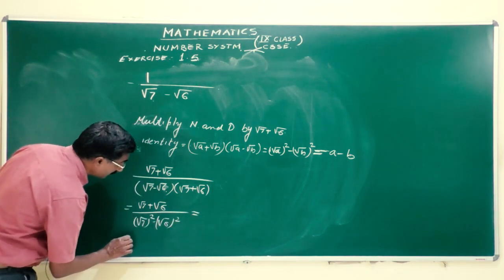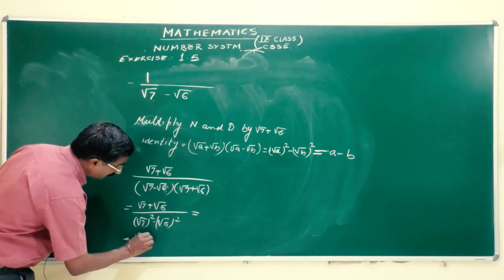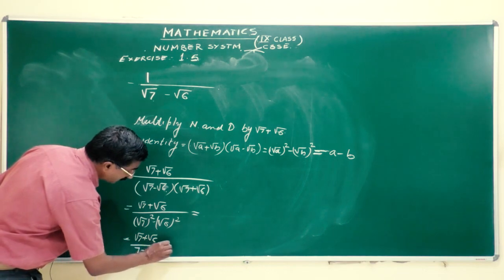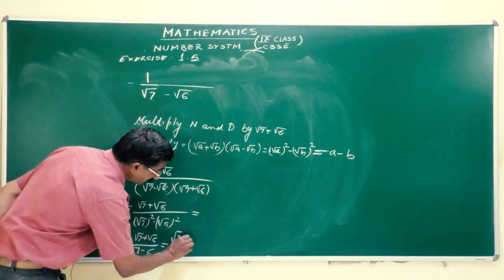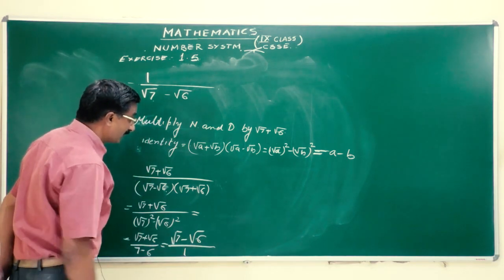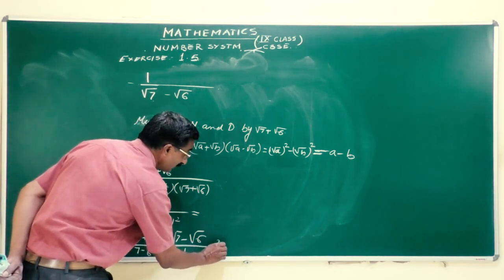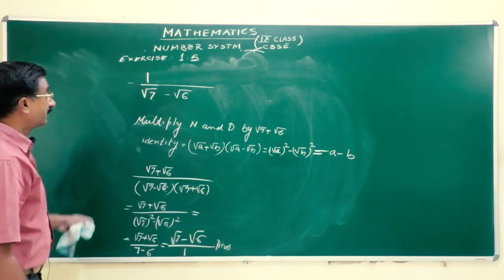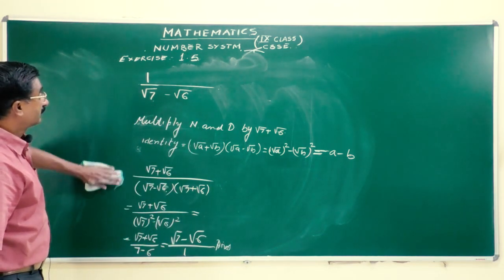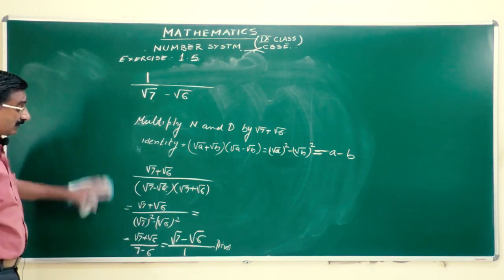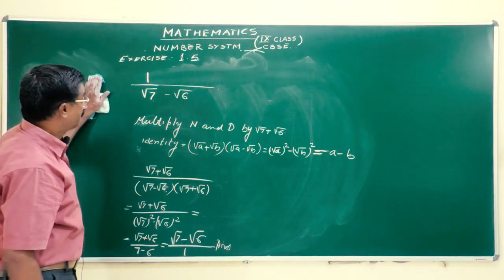So this is equal to under root 7 plus under root 6 upon 7 minus 6. So this is equal to under root 7 plus under root 6 upon 1. So now this is the answer. We did rationalize the problem given, that is 1 upon under root 7 minus under root 6.